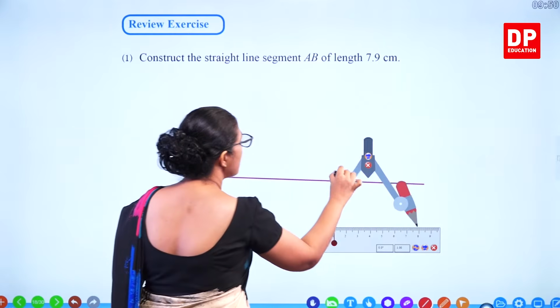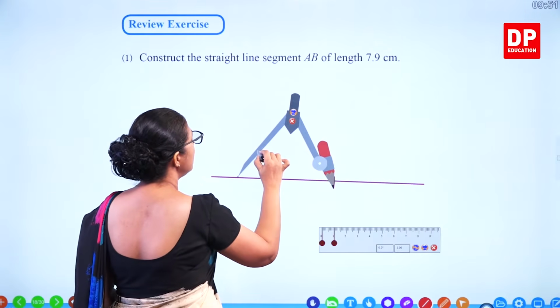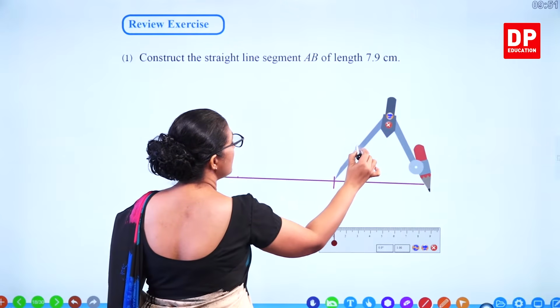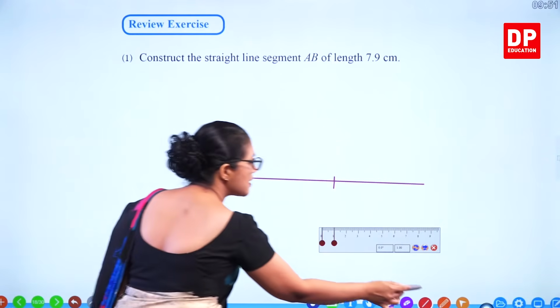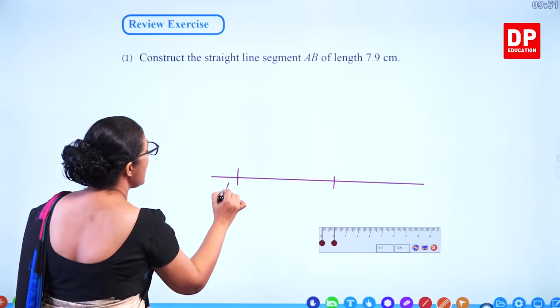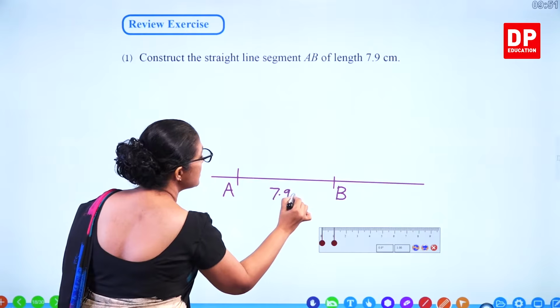And you can mark that on the line here, and on the other side, you can mark the other point. So this is the line segment AB with 7.9 centimeters.